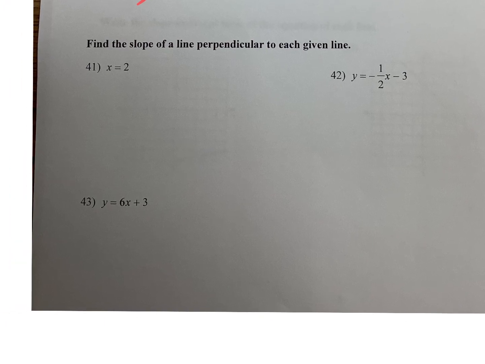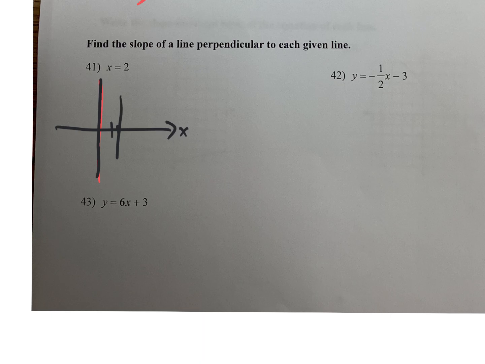Okay. Now find the slope of the line perpendicular to the given line. Oh, there's an equation, x equals 2. So visually speaking, x equals 2 goes through the x-axis at 2. So that's the line. It's a vertical line. Okay?